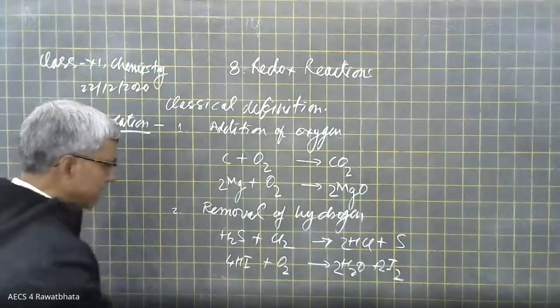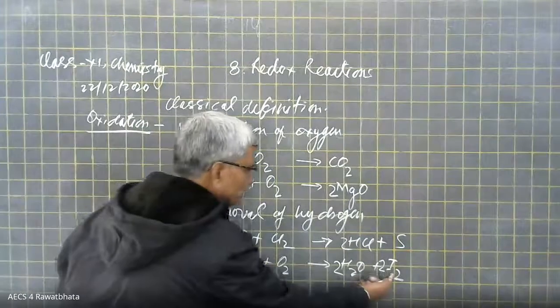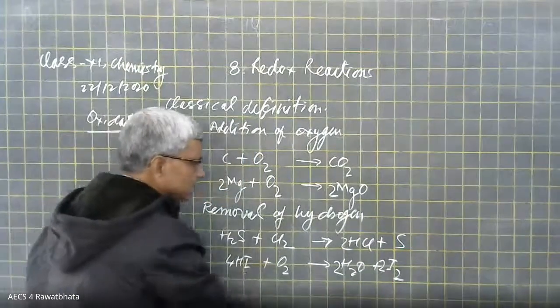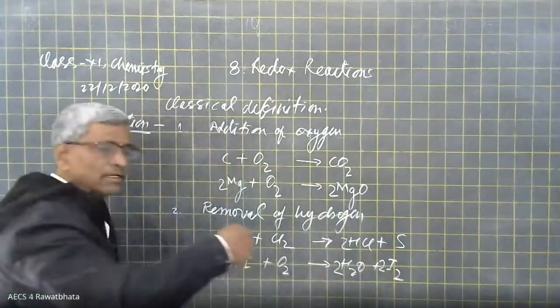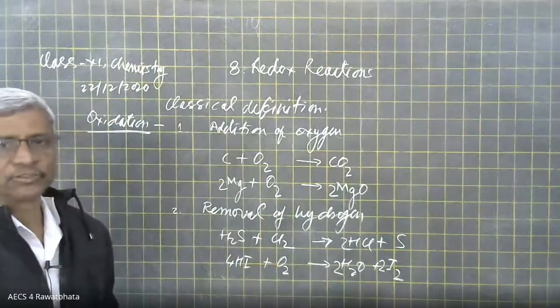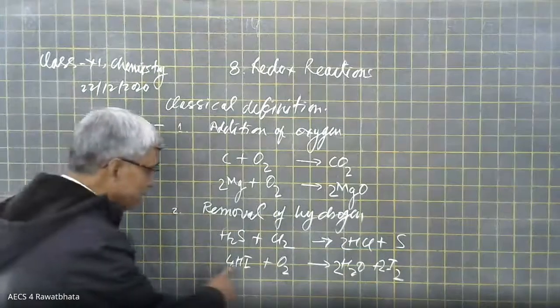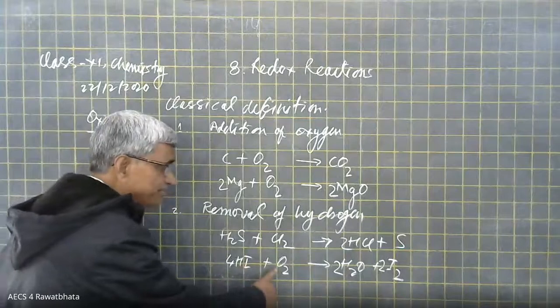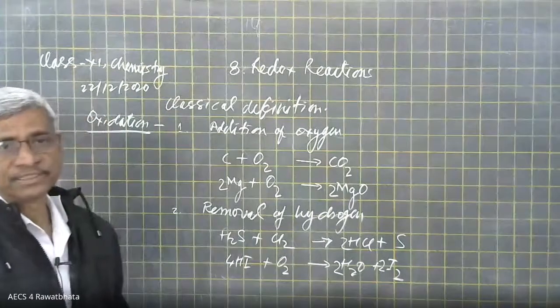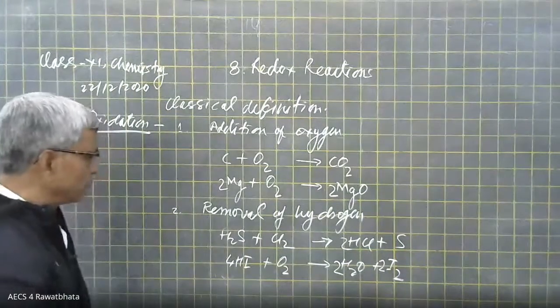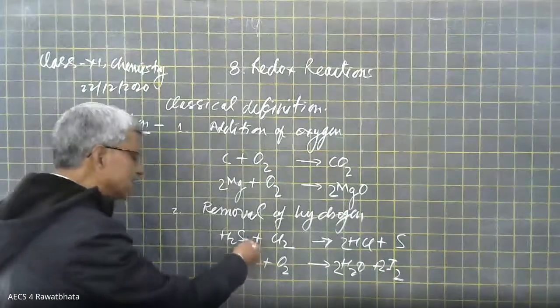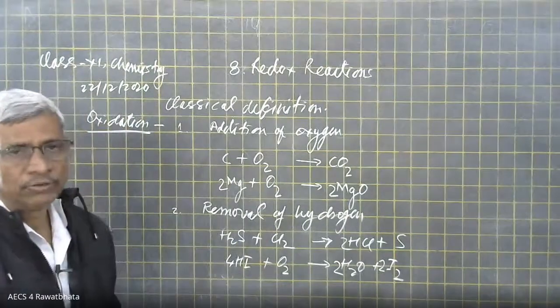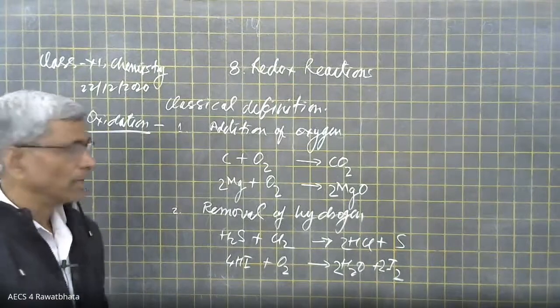It is lost by HI and changes into I2. HI is changed into I2. This is the oxidation reaction because hydrogen is removed from here. But at the same time, H is joining to oxygen, so it is reduced. So in terms of oxidation, here HI gets oxidized into iodine. This is the removal of hydrogen.